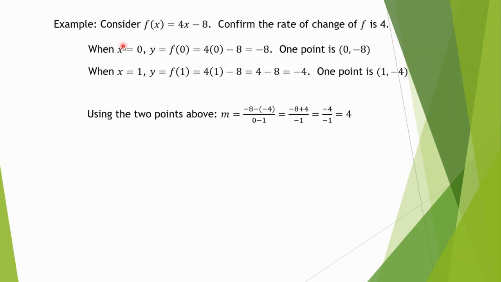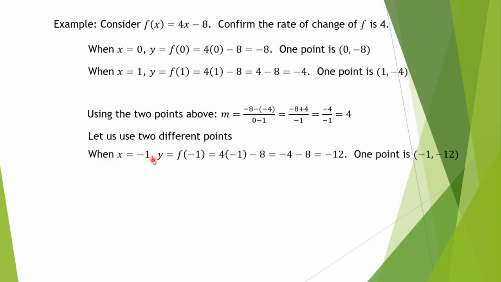Now, you can use any 2 points you want to calculate the slope. So you could do this if you want, but you can use any 2 points. For instance, what if I use negative 1? When x is negative 1, by direct calculation, I have this. And then when x is 2, which I also chose randomly, f of 2 is 0.